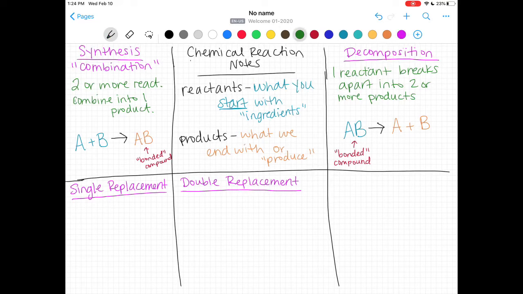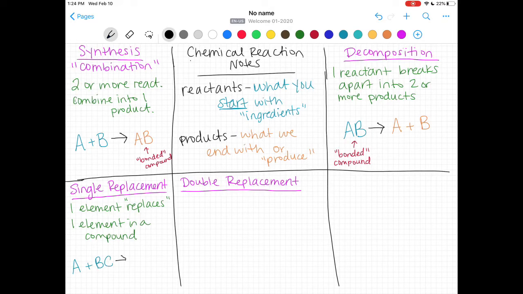So a single replacement, this is where one element replaces one element in a compound. Okay, so let's see how this is going to work. So I have a reactant, A, and then I have BC.